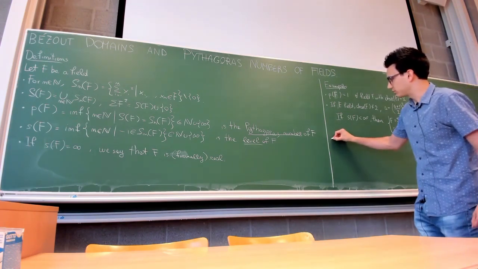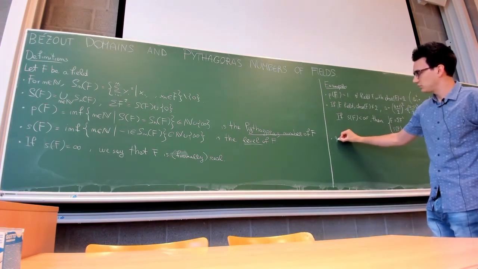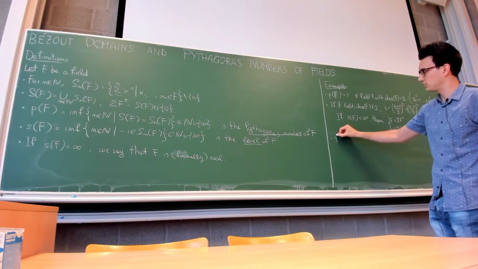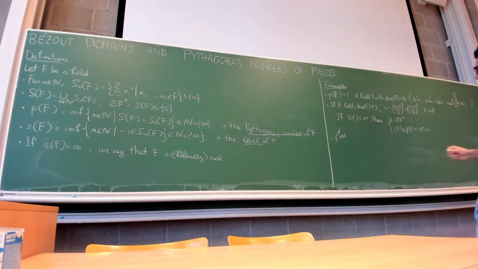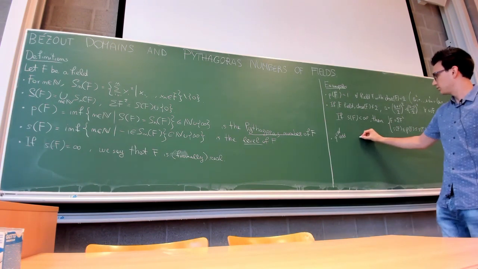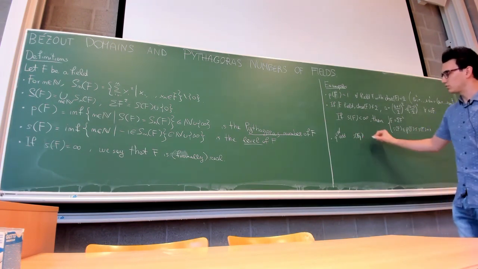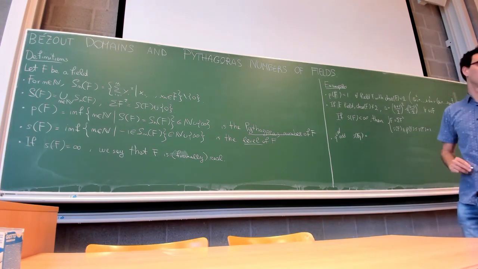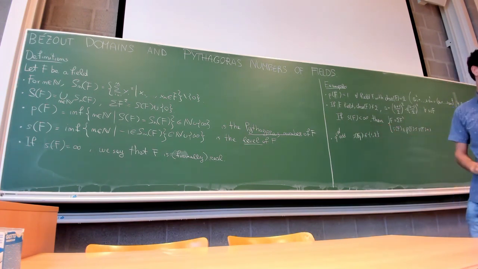Okay, so let's see, for example, if q is an odd power of an odd prime, then the level of Fq, the field with q elements, can be 1 or 2, so it's always finite, and it's 1 or 2, it's easy to check.